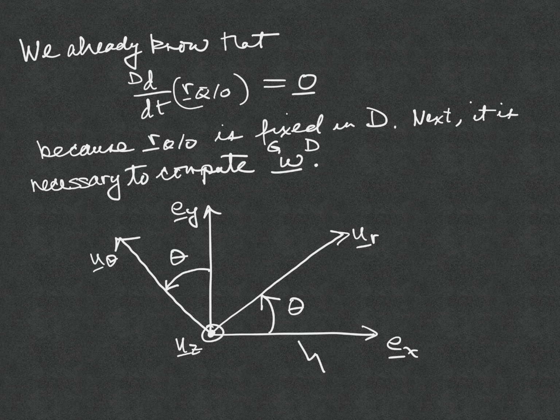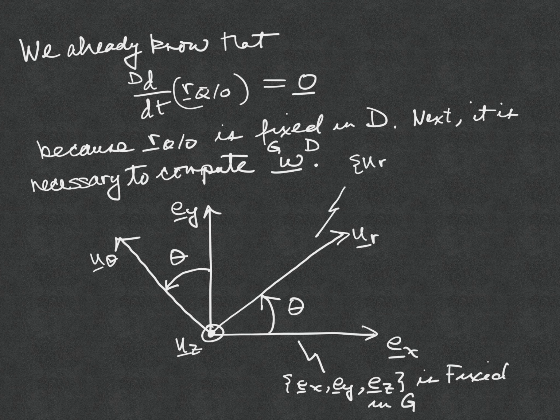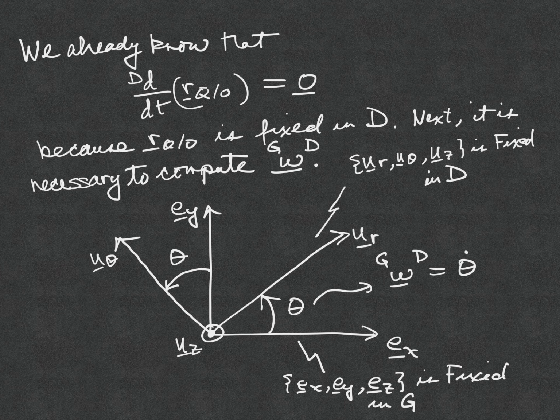We know that EX, EY, EZ is fixed in G. We know that UR, U theta, UZ is fixed in D. And this angle represents the angle between that direction EX, which is fixed in G, and the direction UR, which is fixed in D. So as a result, this angle leads to the angular velocity of D in G equaling theta dot times UZ.